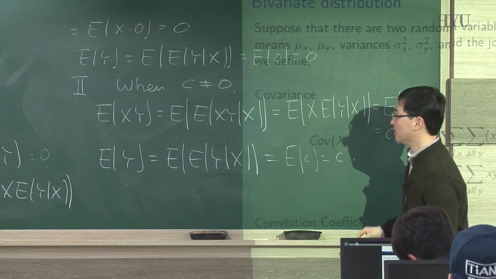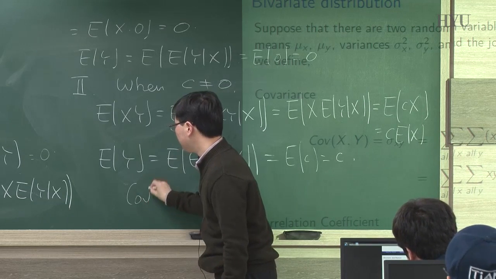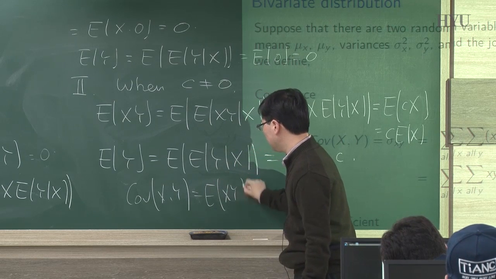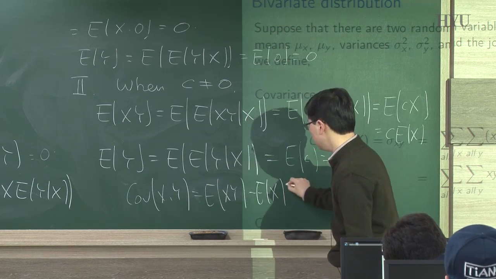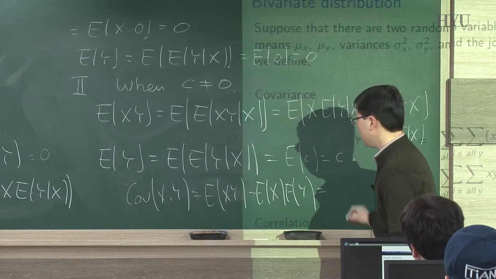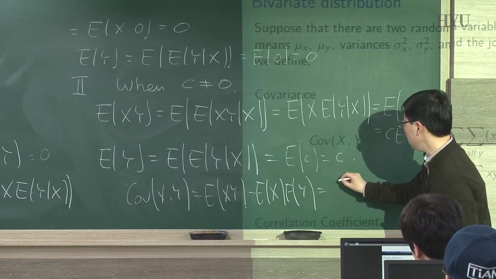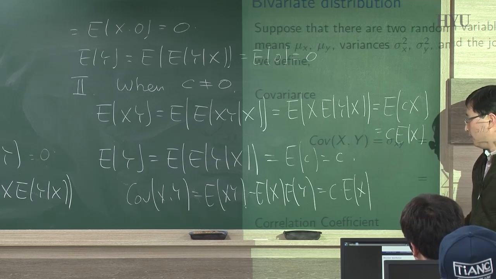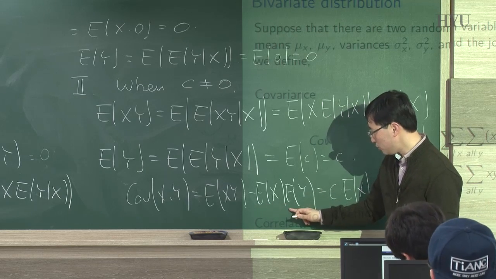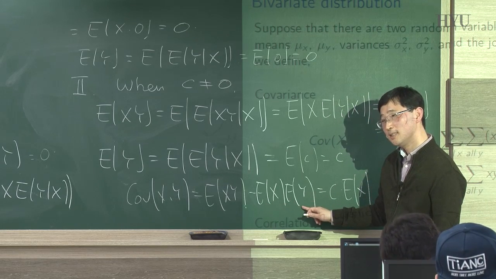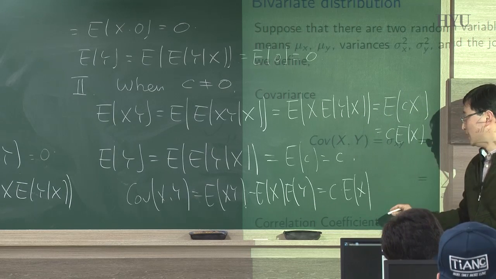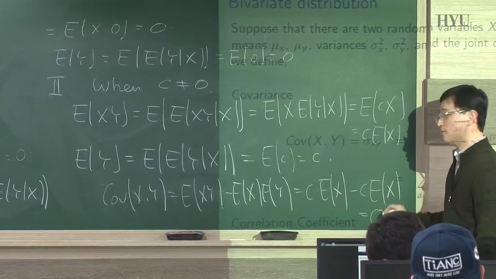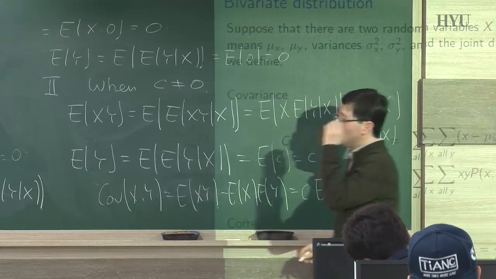So for the covariance, the first term is C times E of X. And the second term is E of X times, what is E of Y? C. So that's here, okay? So we just proved this statement.